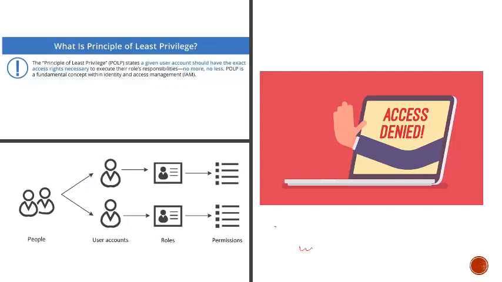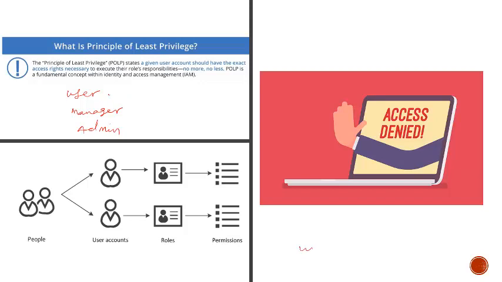So let's begin by looking at the principle of least privilege. The principle of least privilege, short form POLP, states that a given user account should have the exact access rights necessary to execute their roles and responsibilities. So you have an account at user level, another at manager level, and another at admin level.